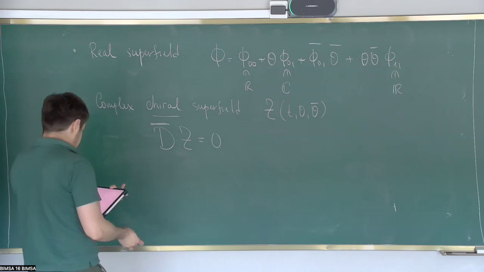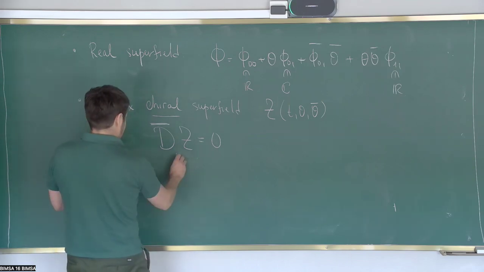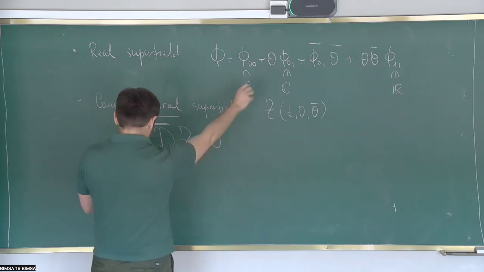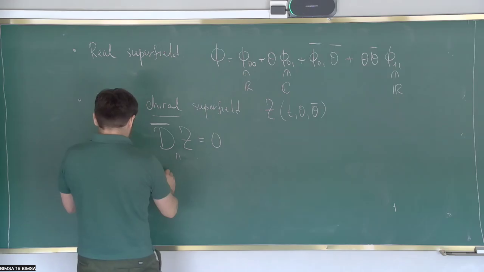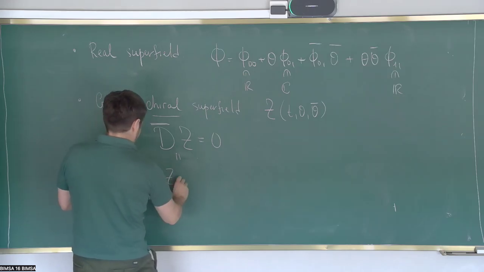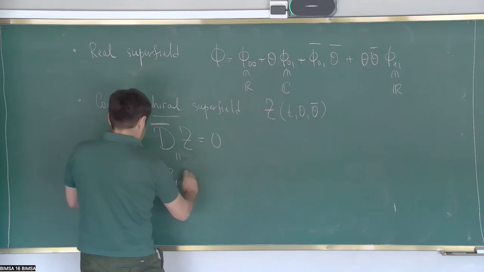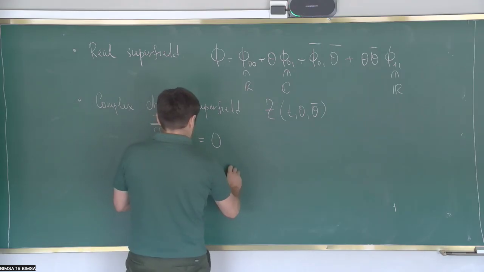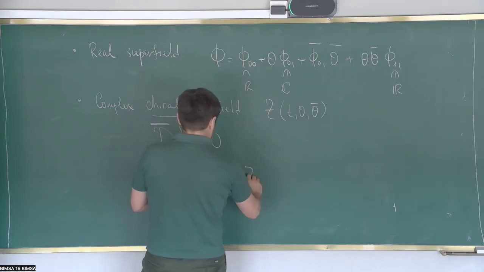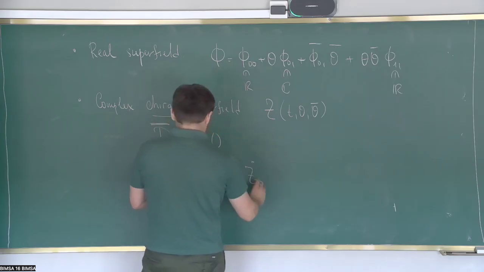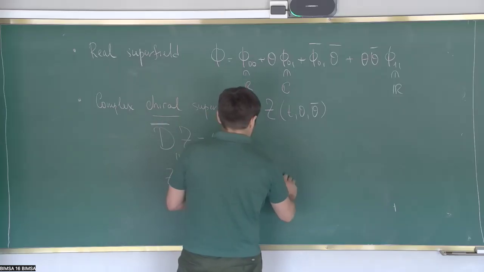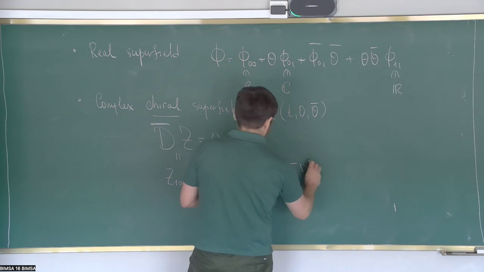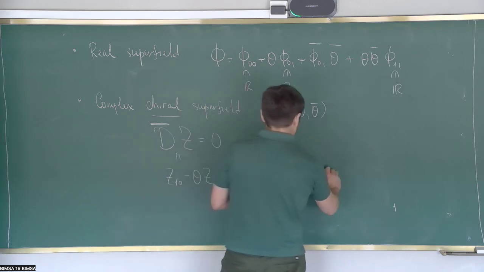So let us write out this constraint. If you write the Z field with a generic expansion like that and differentiate, you find Z10 minus theta Z11 minus i theta Z00 dot minus i theta bar Z10 dot, and this is 0.